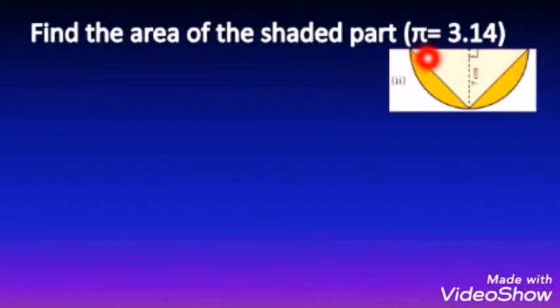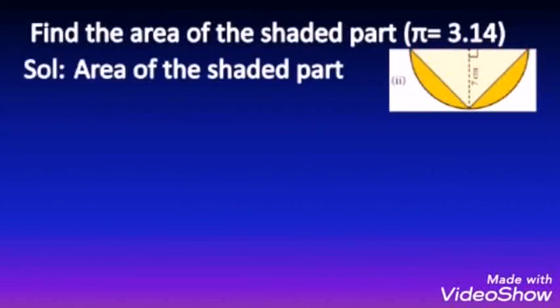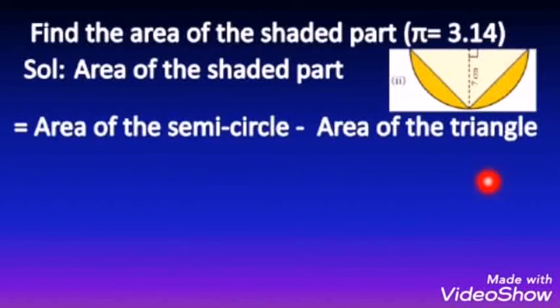Now this is the base of the triangle, which is also the diameter of this semicircle. So the base of the triangle will be equal to the diameter of the semicircle. So the base of the triangle is 14 centimeters. 7 multiplied by 2, you will be getting 14 centimeters. So area of the shaded part is equal to area of the semicircle minus area of the triangle.